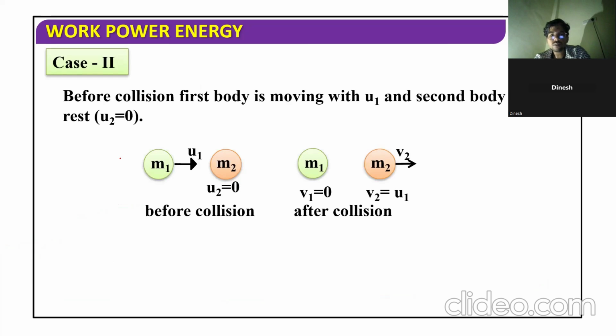After collision, the first becomes 0 and the second becomes U1. It is possible when they have the same mass. Velocity exchange. Clear?